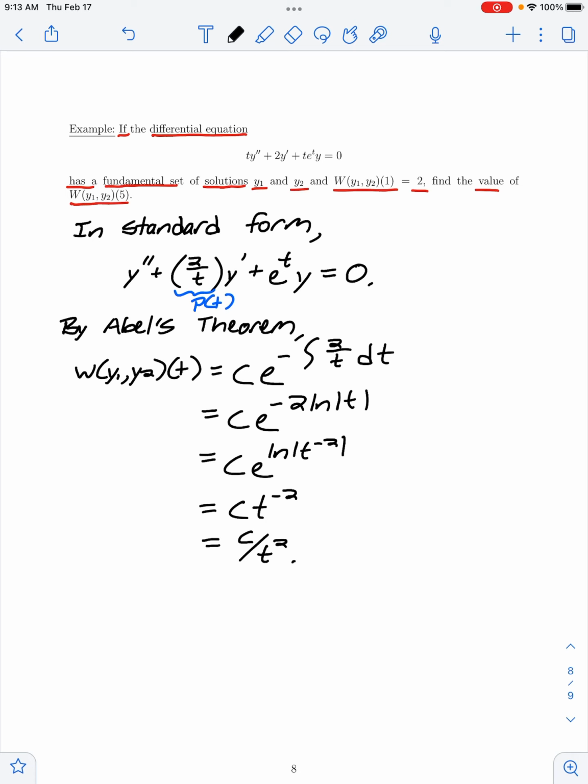So now I need to find the value of this constant c. To find the value of c, I can use the information that I was given about the value of the Wronskian at time t equals 1. I was told when t is equal to 1, this Wronskian equals 2.